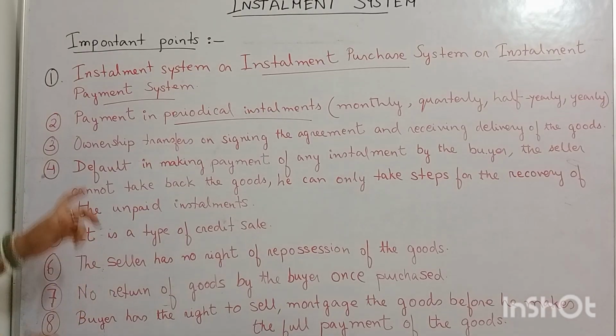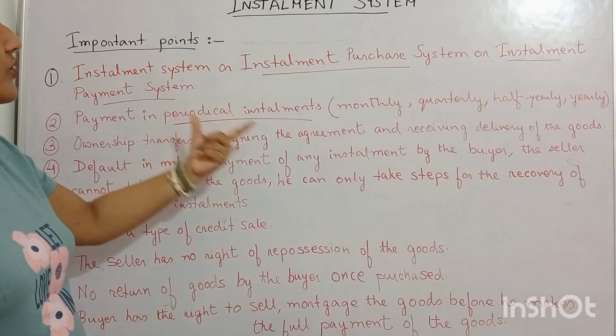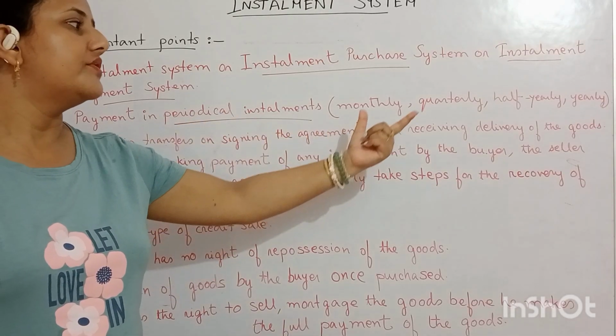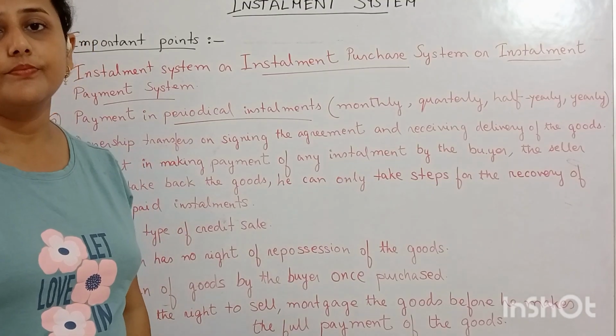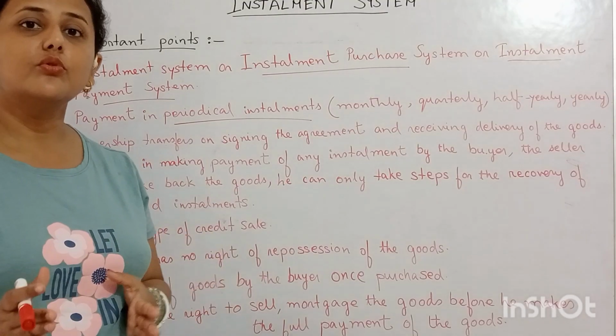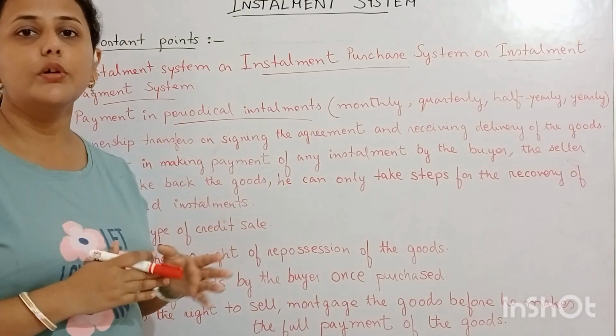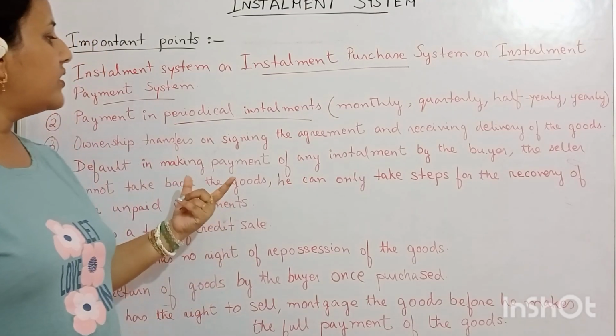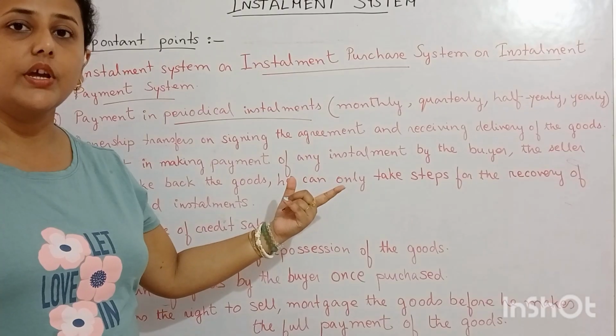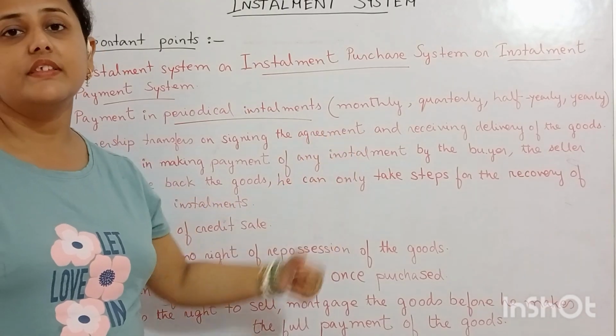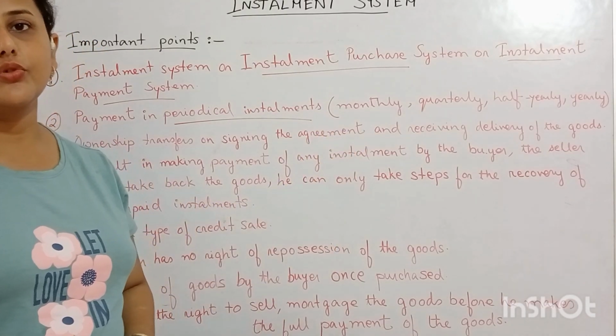Then number 3, ownership transfers on signing the agreement and receiving delivery of the goods. So ownership of the goods will transfer from the seller to the buyer immediately on signing the agreement and the buyer receiving delivery of the goods.